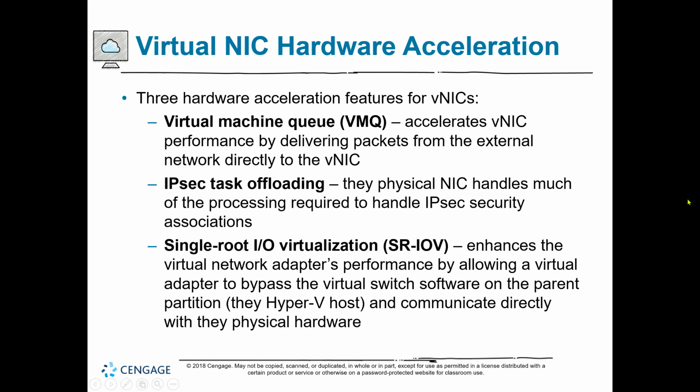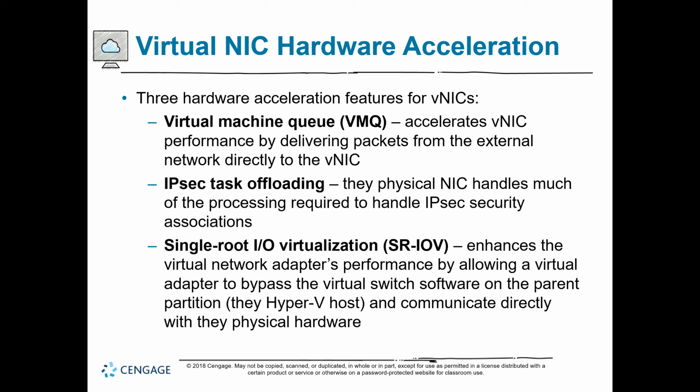Virtual NIC hardware acceleration. There are 3 hardware acceleration features for vNICs. There's virtual machine queue, or VMQ. This accelerates the vNIC performance by delivering packets from the external network directly to the vNIC. There's IPsec task offloading. The physical NIC handles much of the processing required to handle IPsec security associations.